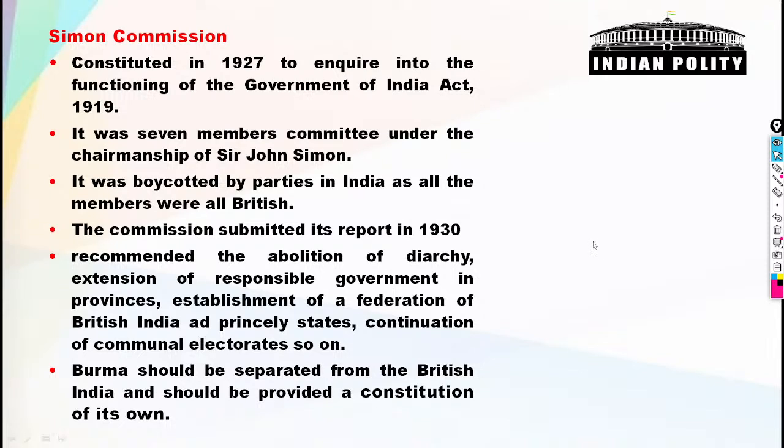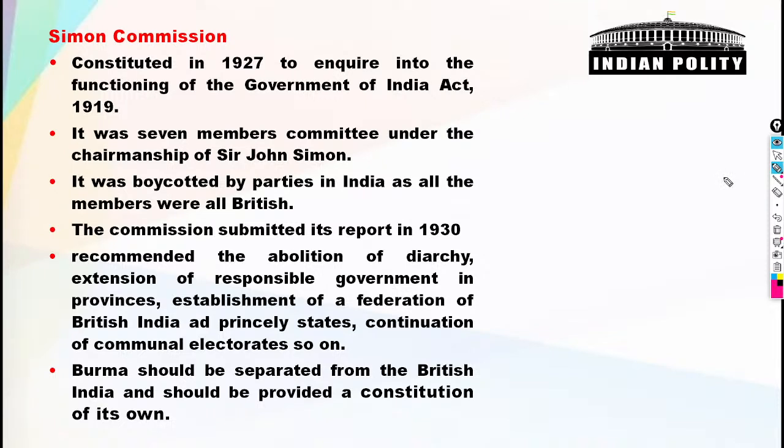The commission published its report, and some of its prime recommendations were the abolition of dyarchy, which was provided in the provinces under the Government of India Act 1919. The commission viewed that such a practice should be abolished.